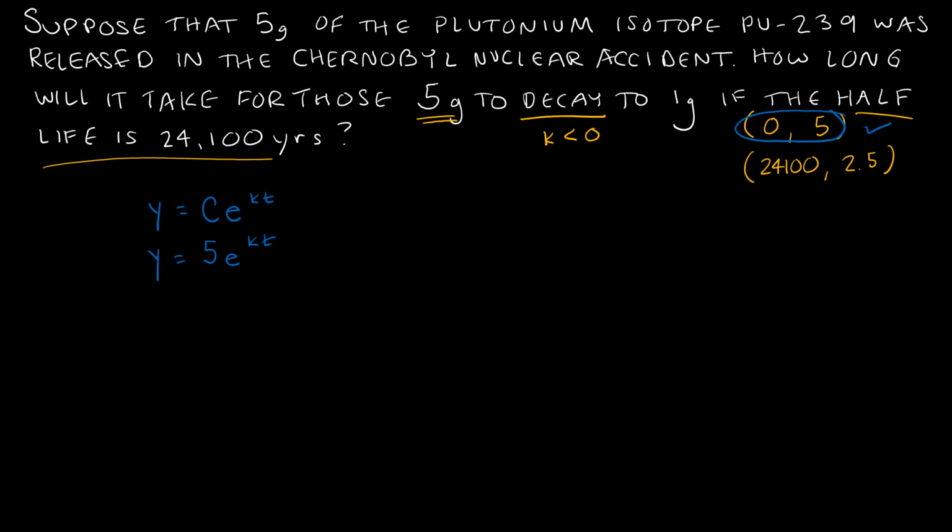And from here, of course, I'm trying to solve for k. K is what I'm trying to solve for, the proportionality constant. So I'm going to now use this information, and I want you to notice something.